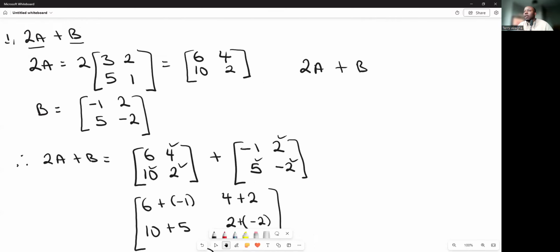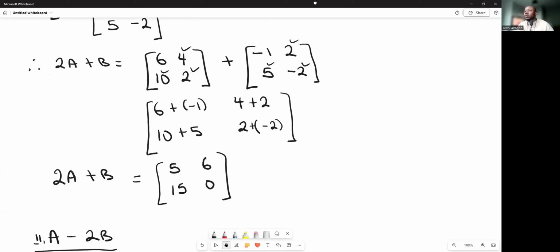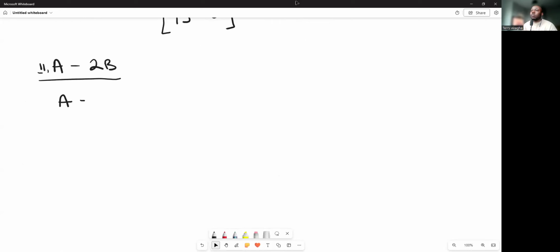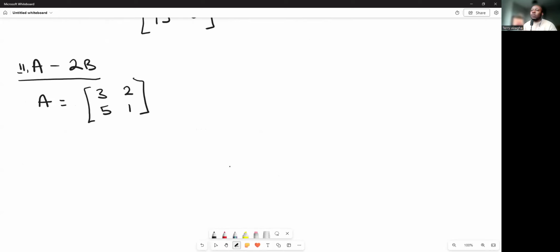The value of a is 3, 2, 5, 1. So a is equal to 3, 2, 5, 1. Okay. So we already have a, but the question is not asking us for just a, it's asking us for a minus 2b. So we need to find 2b too.